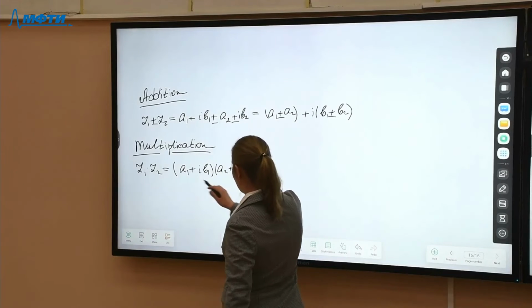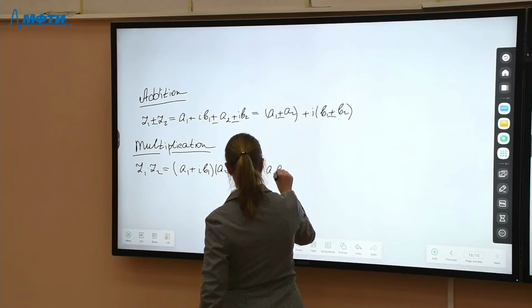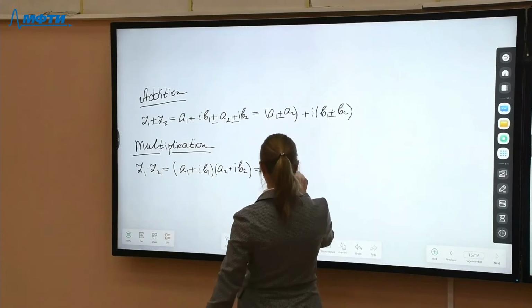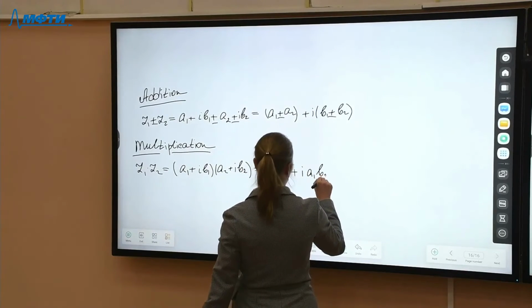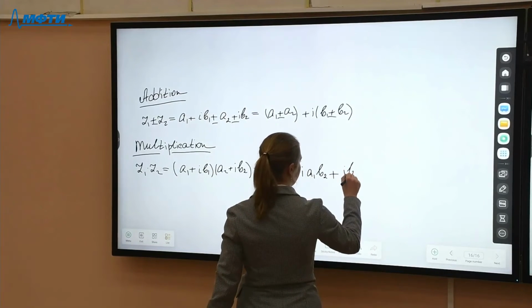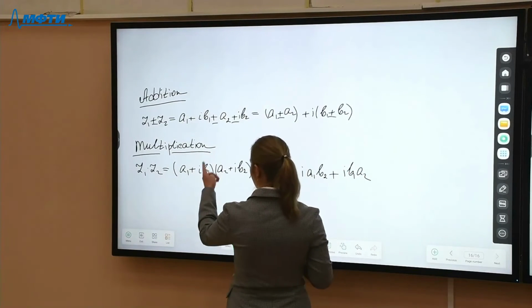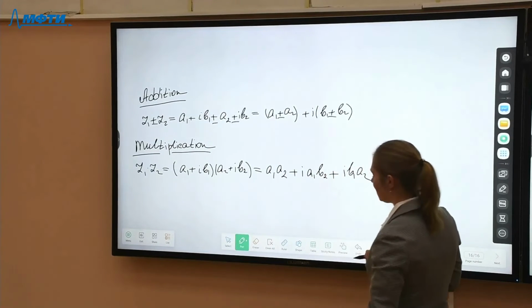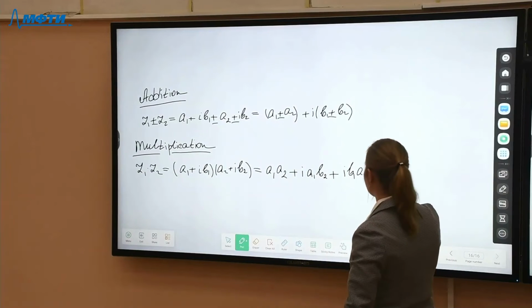Each will be a1 a2 plus a1 times i b2 plus i a1 b2, then plus i b1 a2, and finally plus i b1 times i b2. And we remember that i squared is -1, so this is minus b1 b2.